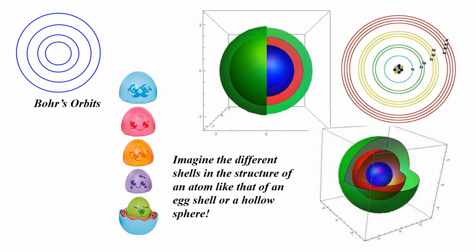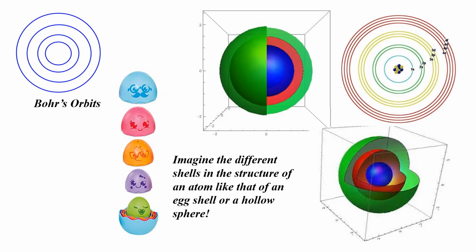Let's not call them orbits, but let's call them shells. When you use the word shell, let's imagine an eggshell. An eggshell has the entire egg inside it, right? So imagine an eggshell as an atomic shell or an energy level now.